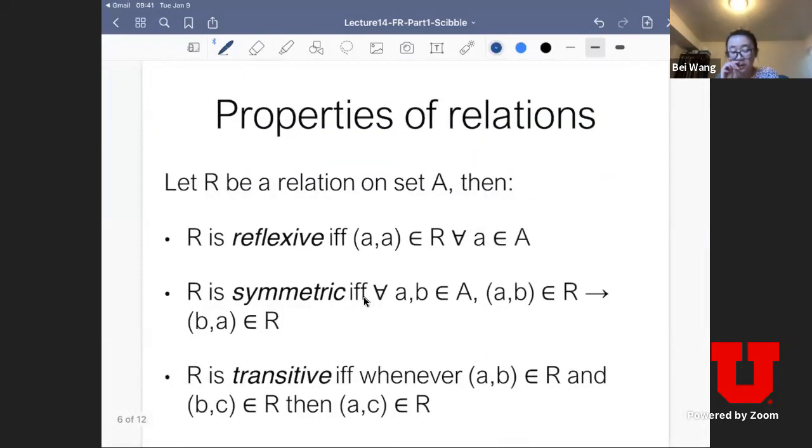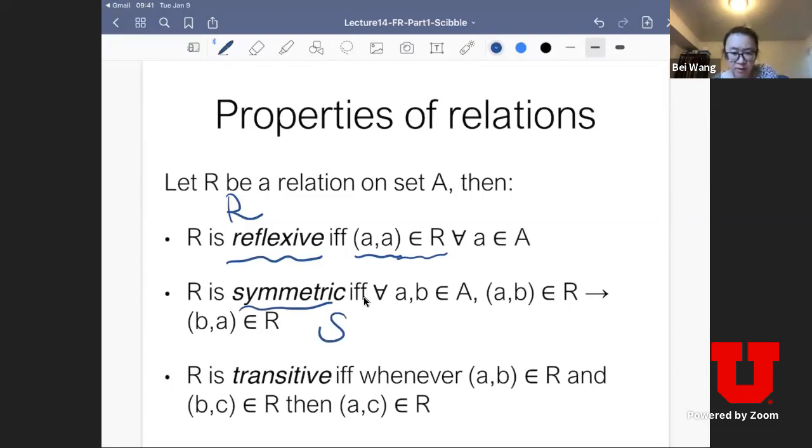Now let's look at the properties of relations. Recall from lecture 13, we talked about various properties of a relation. Number one is reflexive, which means (A, A) is in the relation R for any A in the set. Is it symmetric?